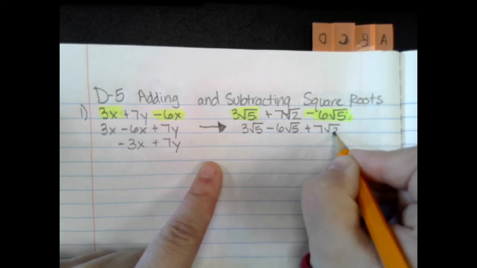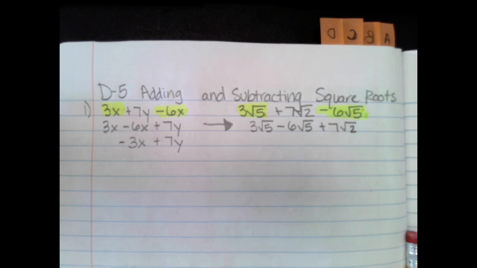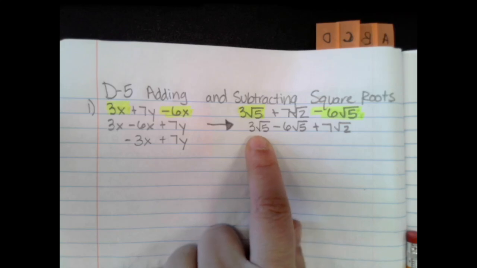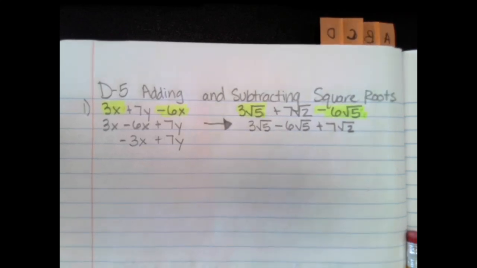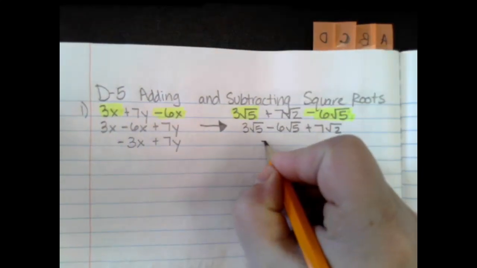Because really what we're doing with those coefficients, the numbers in front of the square root, is counting how many of those square roots we have. We have 3 square roots of 5: square root of 5, square root of 5, square root of 5. And then we're taking away 6 square roots of 5. So 3 minus 6 is negative 3, as we already said.